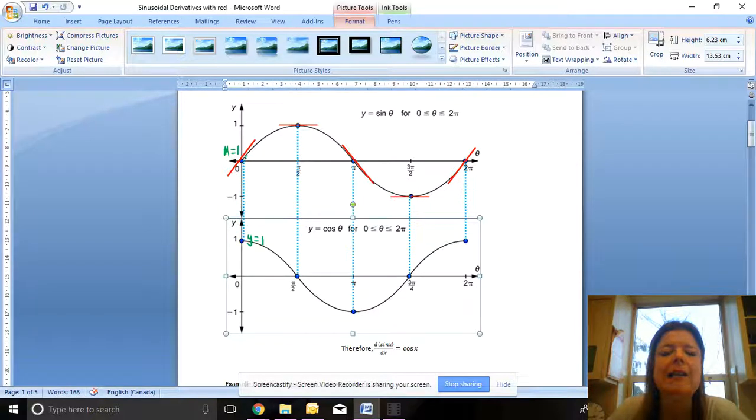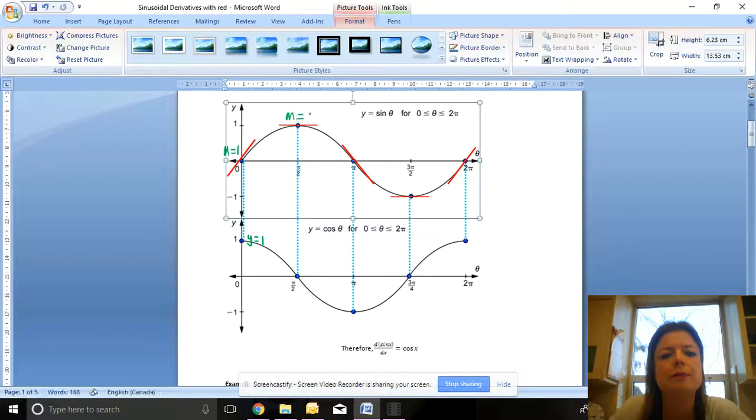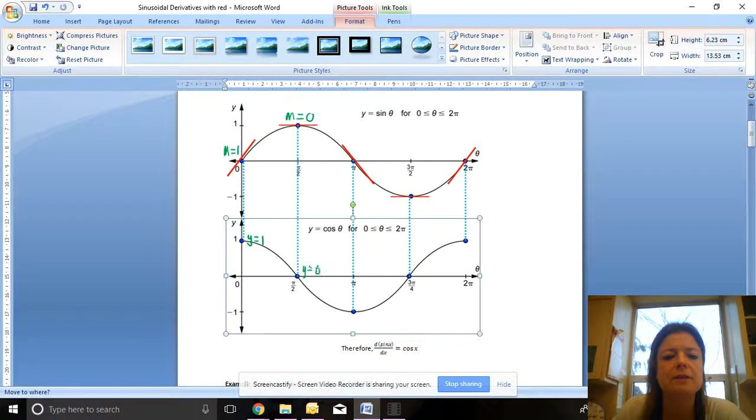But even though it's positive, the slope is decreasing in magnitude. So cosine is positive but decreasing, just like the slope of the tangent, until it gets to a slope of 0. And here we have a y value of 0 at pi over 2.